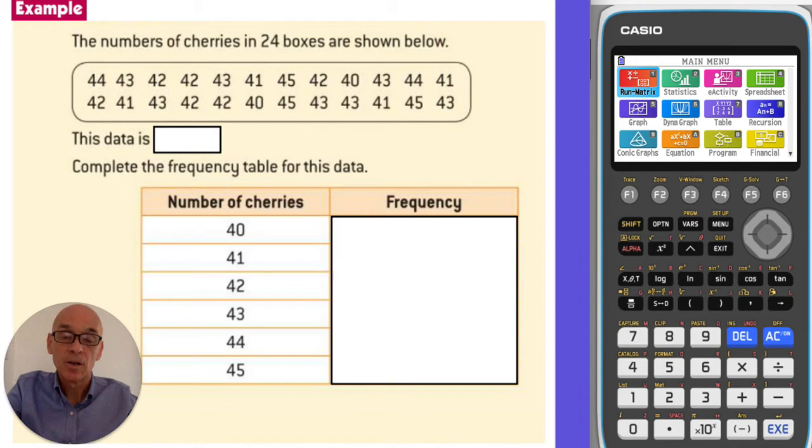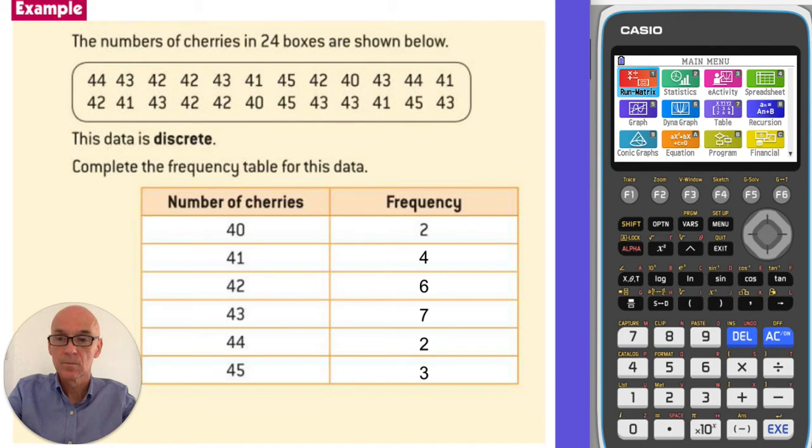Again, pause the video while you decide whether the data is discrete or continuous, and give you time to complete the frequency table. So the number of cherries would be an example of discrete data, and the frequency table is shown here.